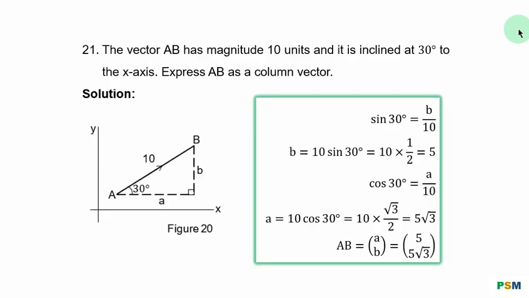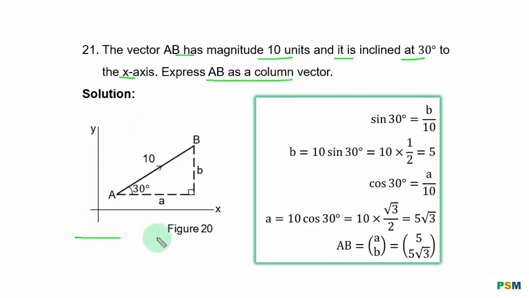Example 21. The vector AB has magnitude 10 units and it is inclined at 30 degrees to the x-axis. Express AB as a column vector.